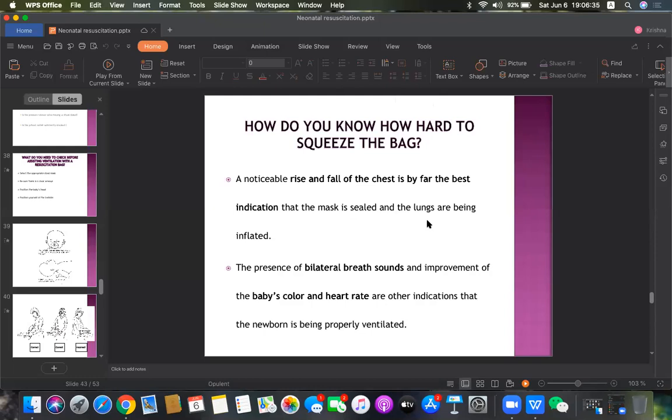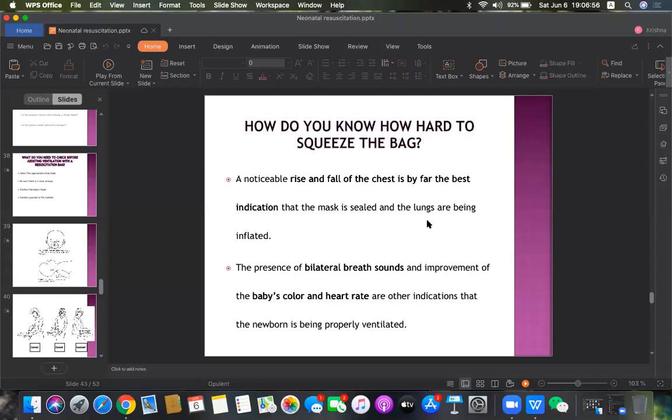And third point, in the beginning, if the color of the baby is blue or if the color of the baby is pale, then that color should go toward the pink color. Pink means normal. Pink means oxygenation. And one more thing, you are counting the heart rate. The heart rate should slowly go higher and higher.